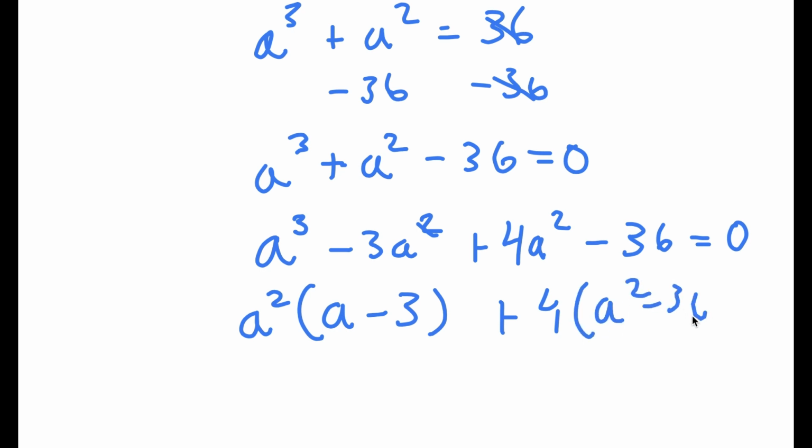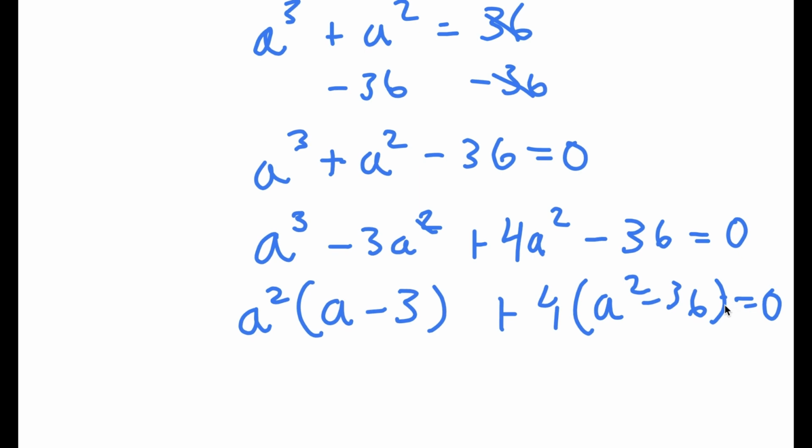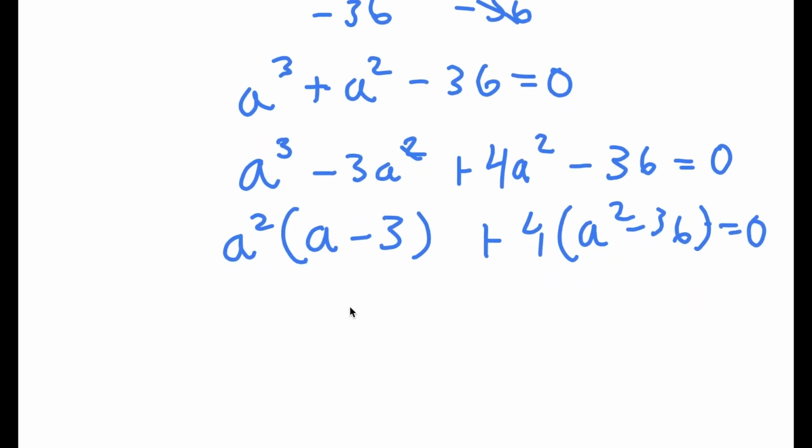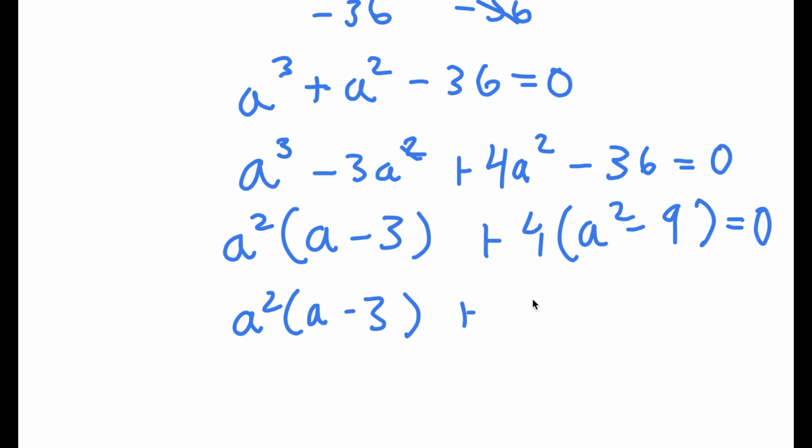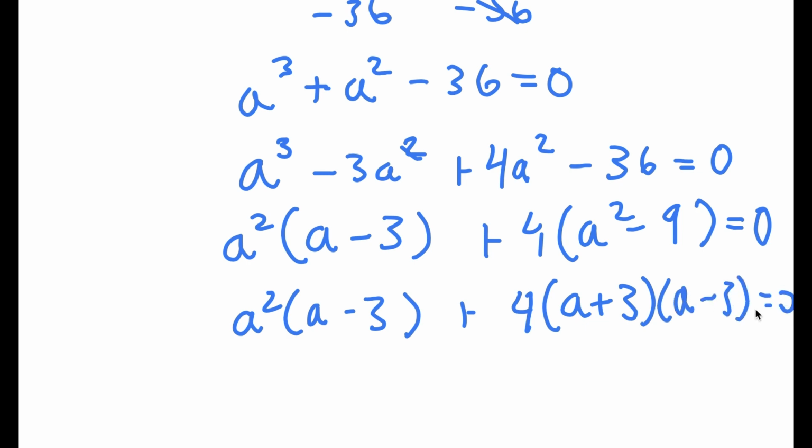a squared minus 9. For a squared minus 9, I get a plus 3 times a minus 3 is equal to 0.